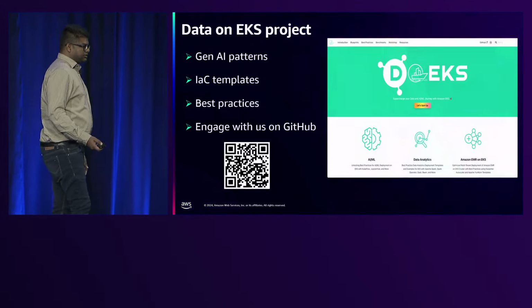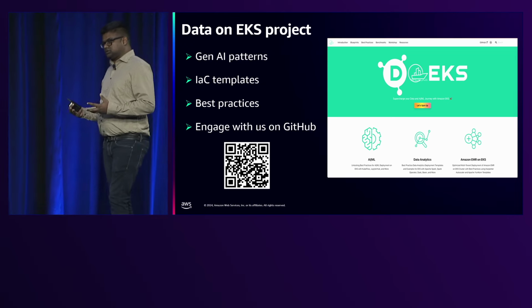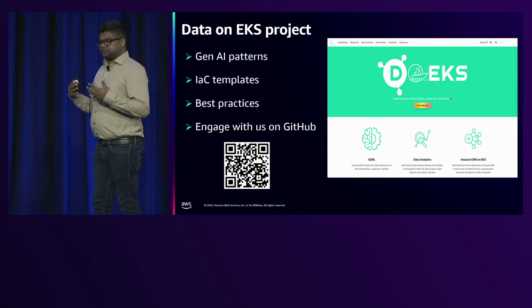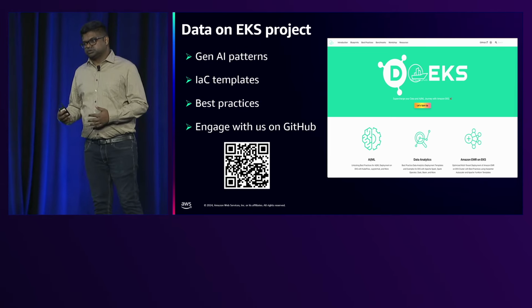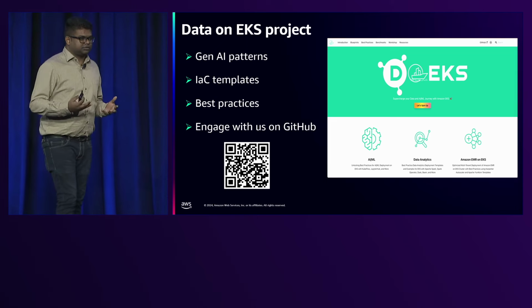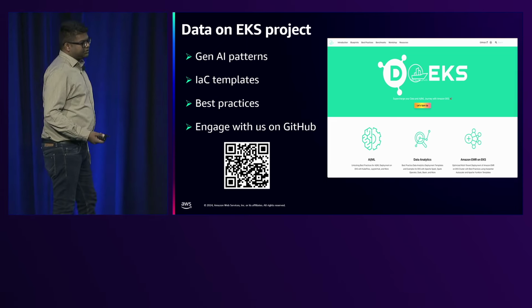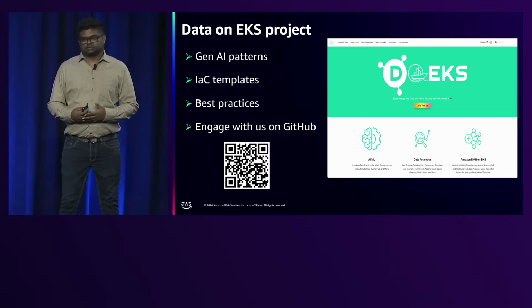So that's why we launched the Data on EKS project. It's an open source project where we publish different Gen AI patterns that we have seen across our customers. We publish blueprints, patterns, and Terraform templates that you can use to easily get started integrating some of the popular OSS solutions that we see getting integrated with EKS for solving those ML-specific challenges.